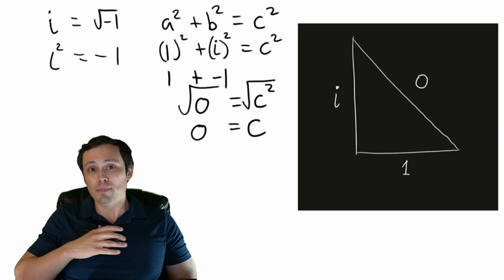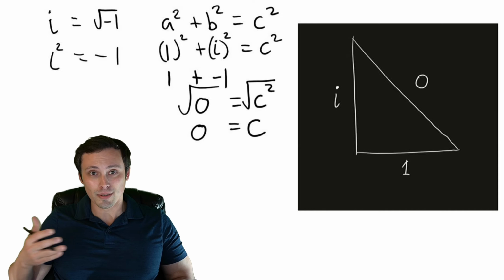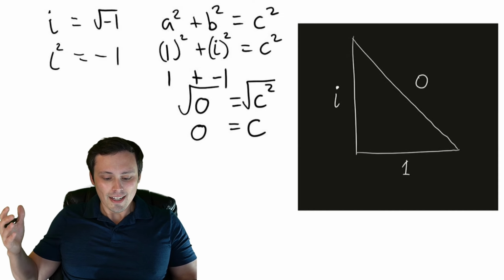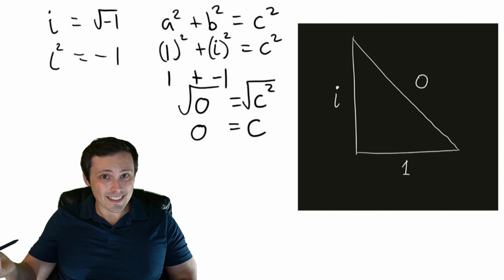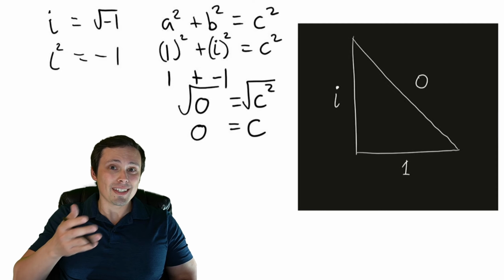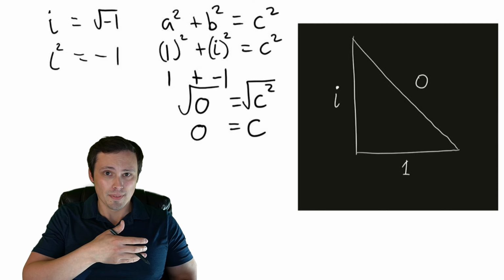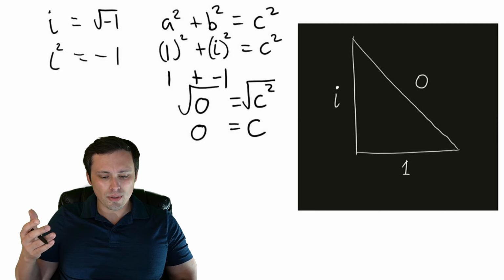So without getting lost in the weeds here, because like I said, I want my channel to be approachable to anybody who's taken some amount of high school math, let's just say that thinking of i as a distance is a weird and complicated idea. And when we're thinking of the Pythagorean theorem, we're thinking of actual normal space.